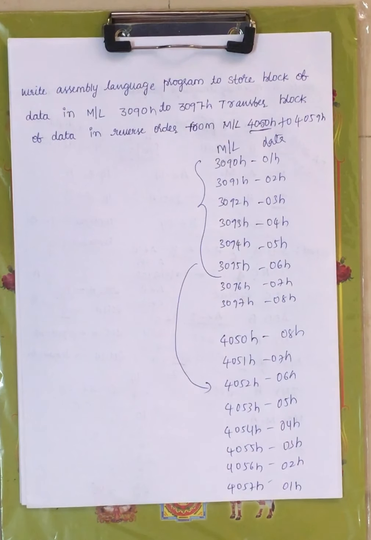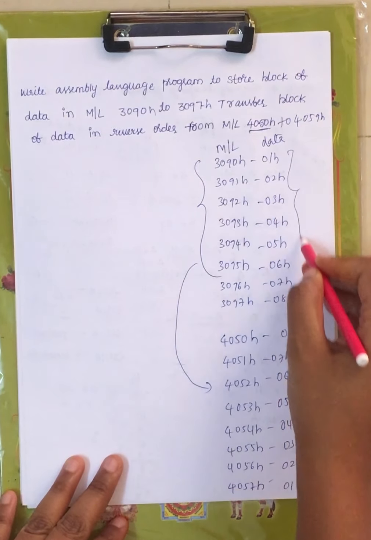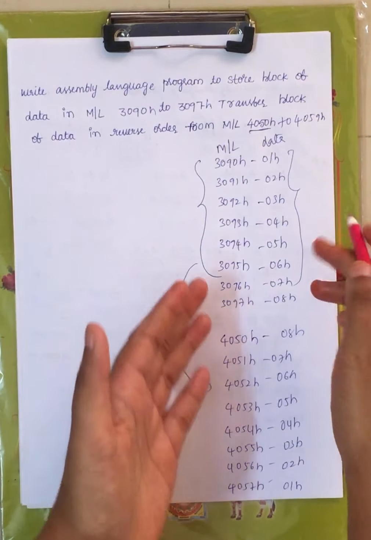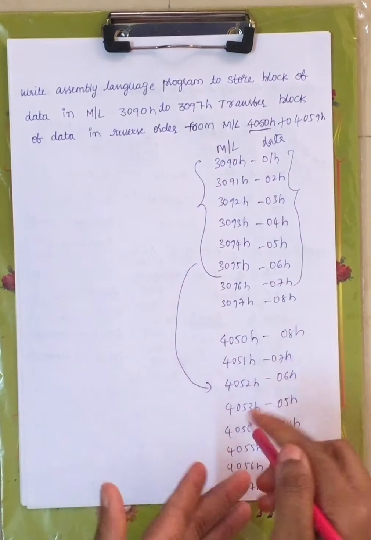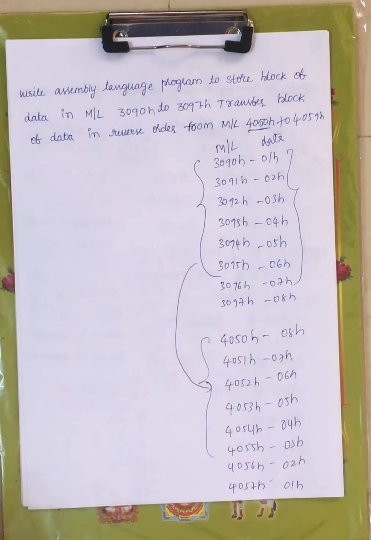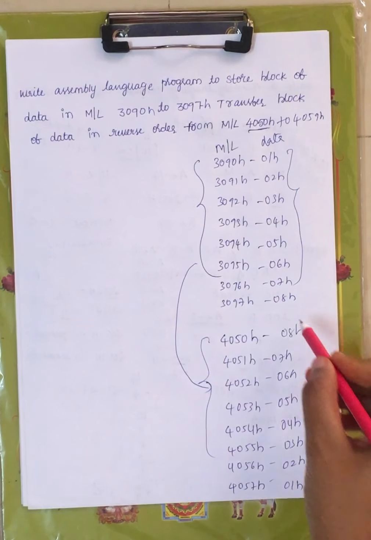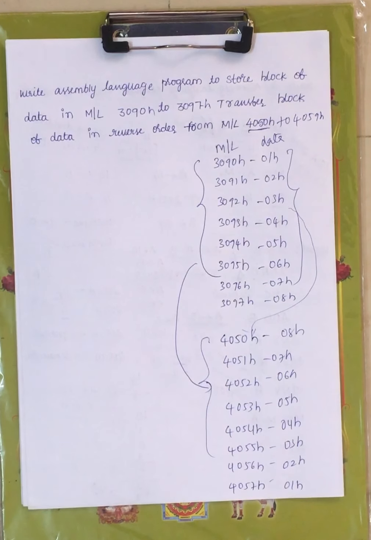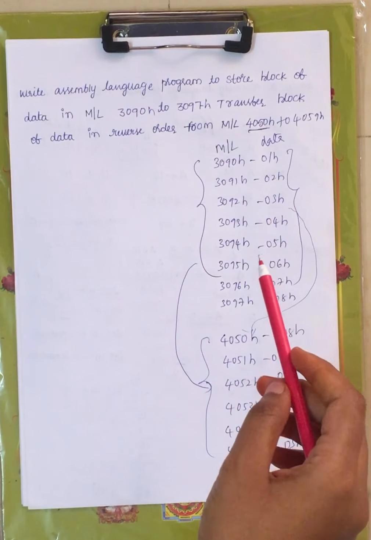Now we have to write an assembly language program to store a block of data of this memory location, right? We have to see this memory location is storing some data. Now this data has to be transferred to this memory location in reverse order, right? For this logic we have to write the set of instructions. Write an assembly language program to store a block of data in memory location 3090H to 3097H.